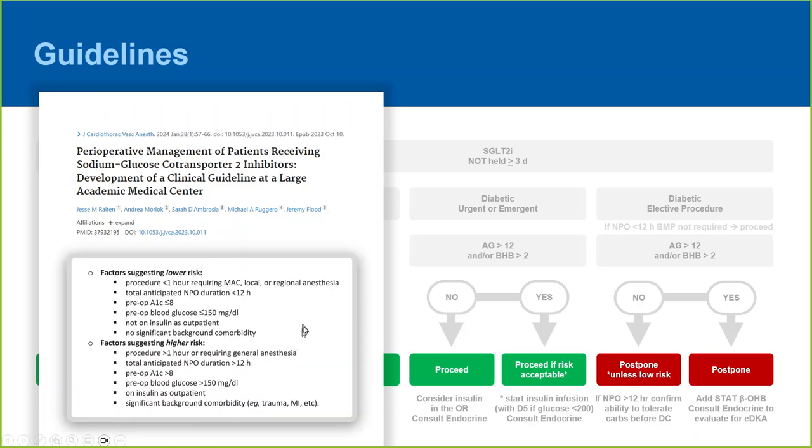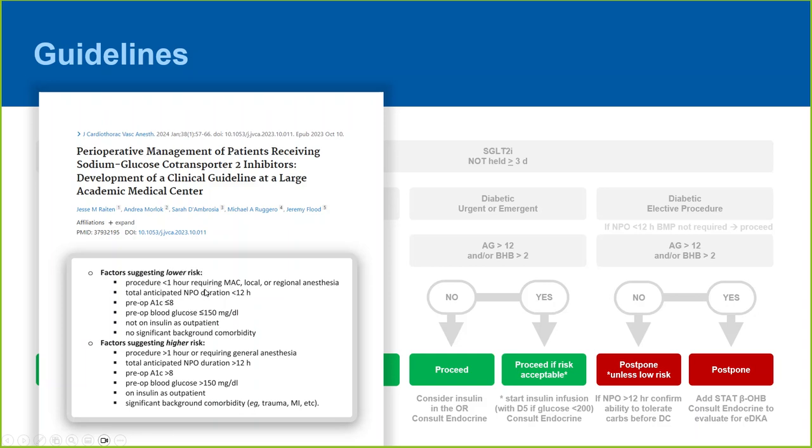They do provide some guidance for what you might consider to be low risk. So they say for procedures that are less than 1 hour requiring MAC, local, or regional anesthesia, if you have a total anticipated NPO duration of less than 12 hours, an A1C of less than 8, a preoperative glucose of less than 150, or you're not taking insulin in the outpatient setting, these might be considered low risk.